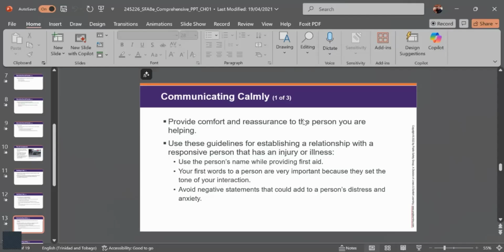Use these guidelines for establishing a relationship with a responsive person that has an injury or illness. Get the person's name and use the name while you're providing first aid. Your first words to a person are very important because they set the tone for your interaction. So if you walk up to the person and say, hey, Mamu, what's going on? Personalize it to what you like, okay.